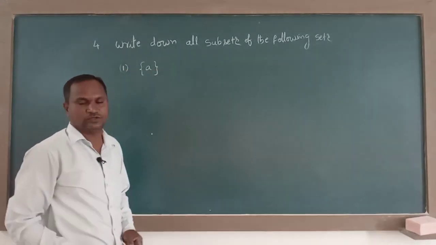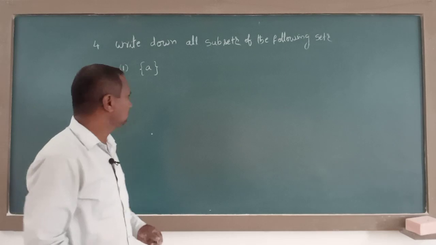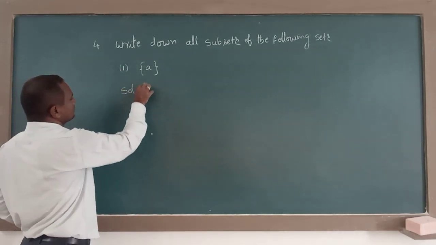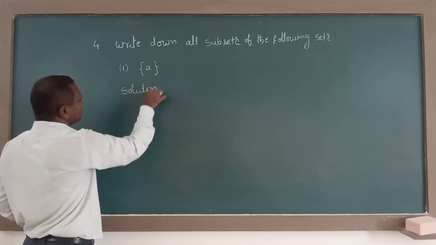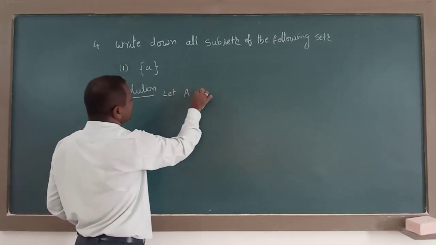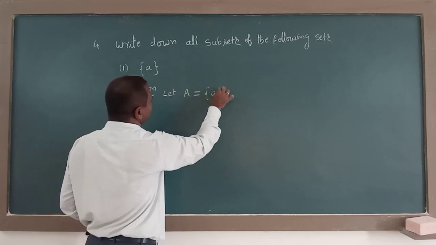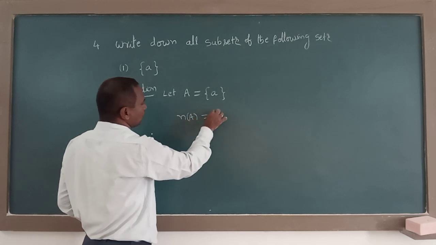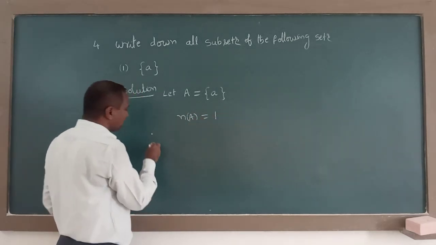Subsets formula I told: 2 to the power of n. The solution for this question is: let capital A be equal to set of the elements A here, and n of A is equal to 1.